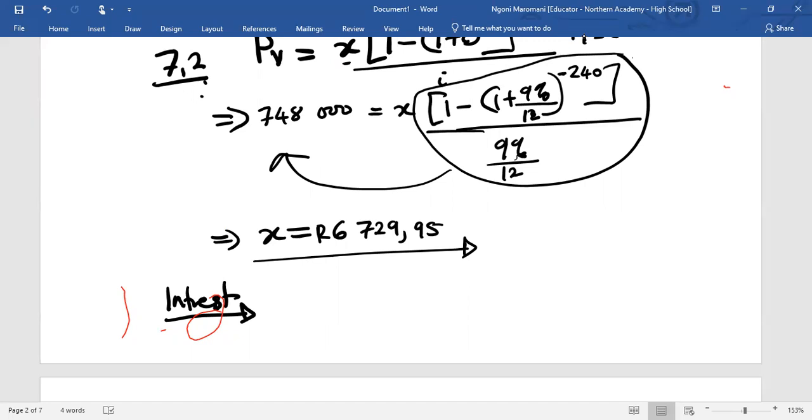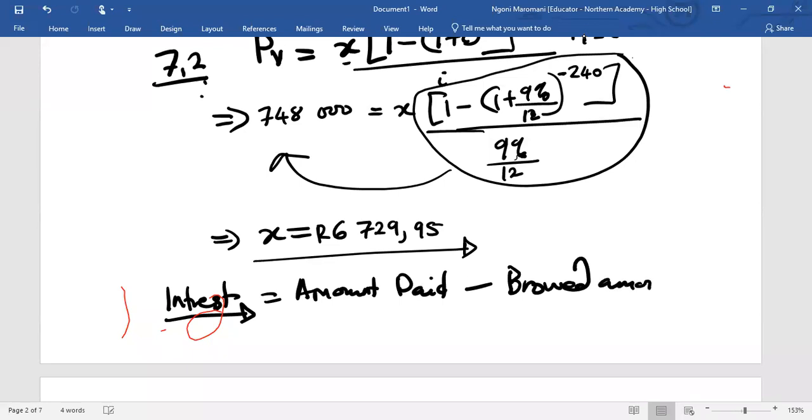So our interest will be equal to the amount paid minus the borrowed amount, which is simply the present value. Are we getting that one?